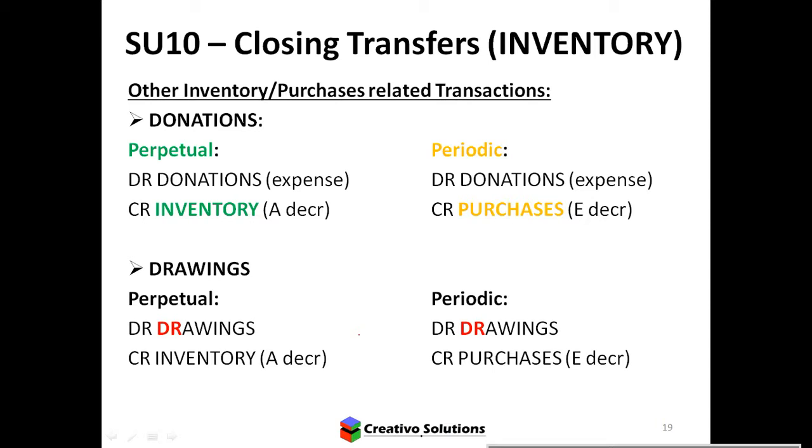That's a donation, but it's a donation of cash. So you'll credit cash and you'll debit the donations if they give money. If they give inventory, then they'll credit the inventory.